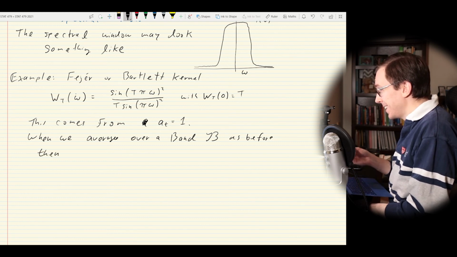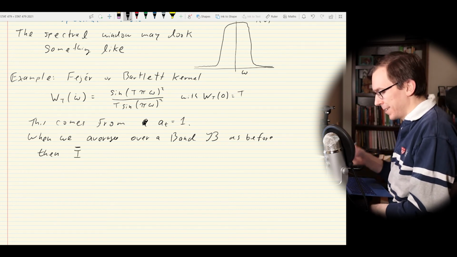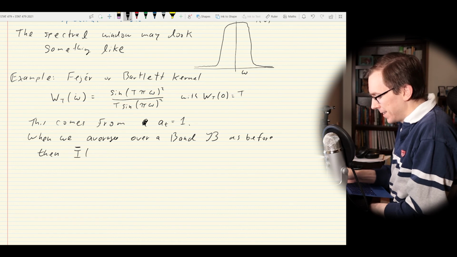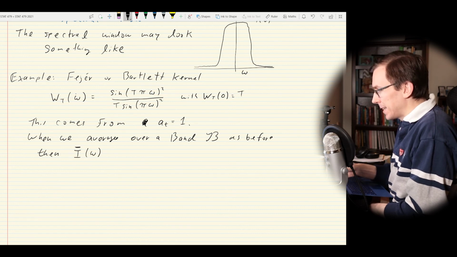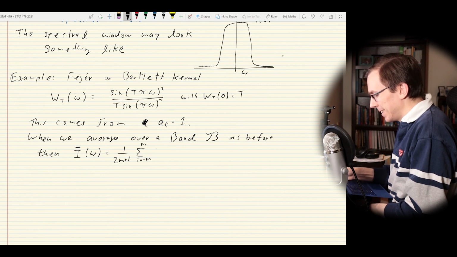Let's just write it out, not the weighted one. The weighted one's just going to be harder to figure out. What we end up with is something that looks like I of omega, which is just 1 over 2m plus 1. Same thing I wrote before, but just to make sure it's all on the same slide, I'll write it again.